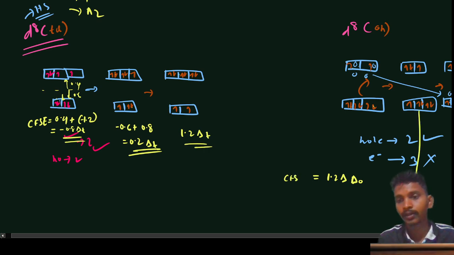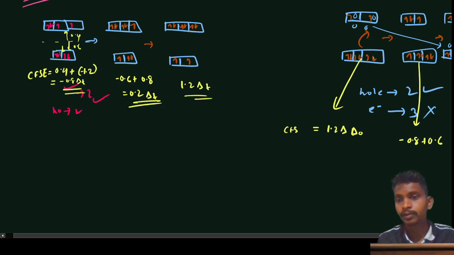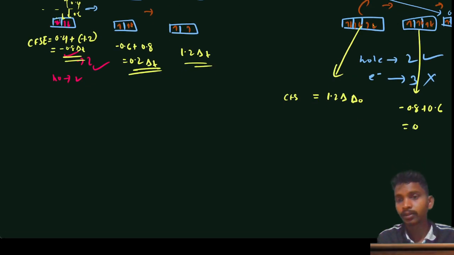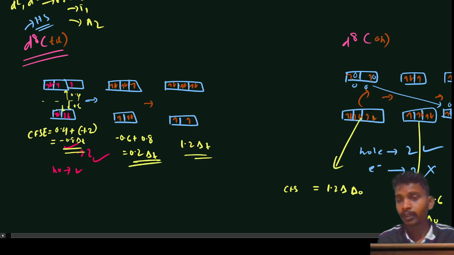And for this case, these 2 are there, so that is 0.8 minus, and this 1 is there, plus 0.6, so that is going to get minus 0.2 delta naught. For this case only 1 is there, that is minus 0.4, and this is 8, that is 12.